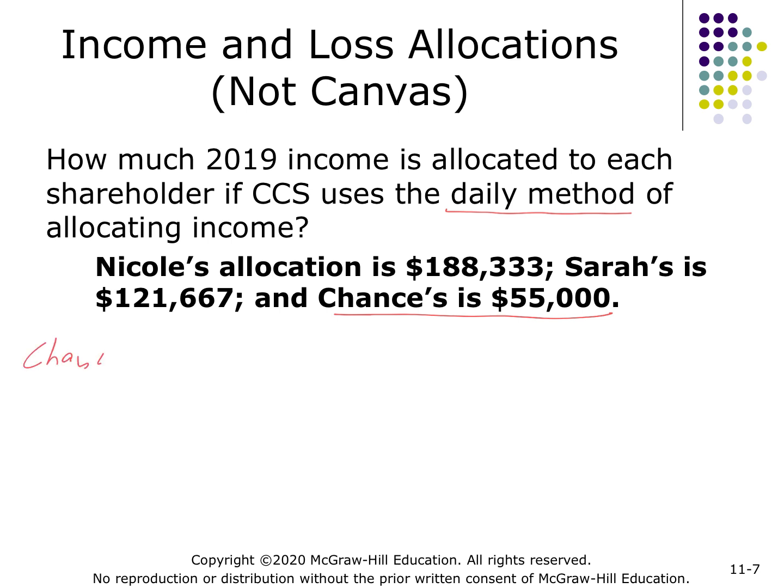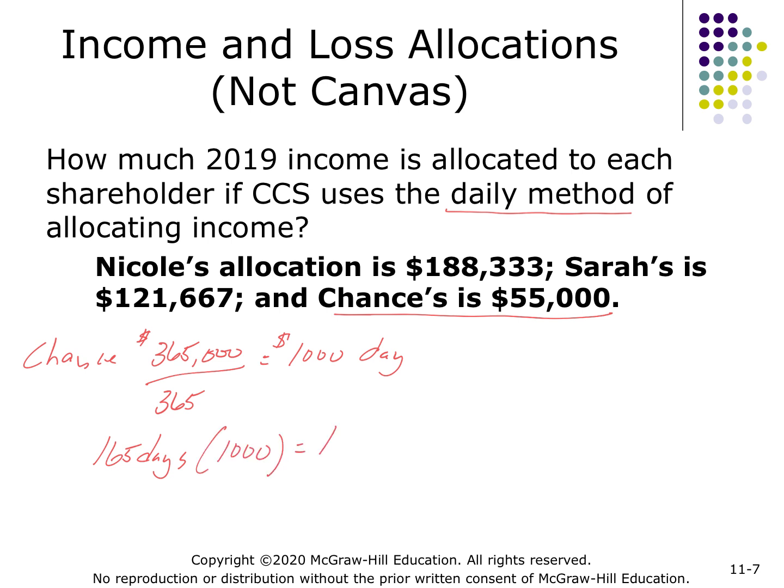So if we're using the daily method, what do we have to do? Well, we have to look at their total income over the total number of days. And that's $1,000 a day, all right? Then we have to look at how many days Chance owned his stock, all right? And he owned his stock for 165 days times that $1,000 a day.